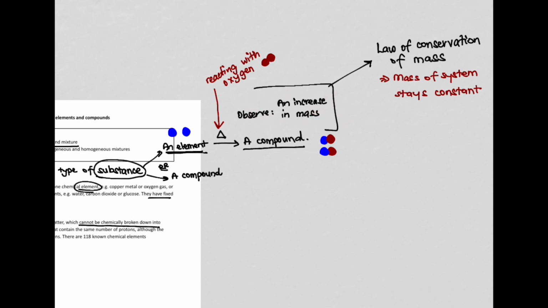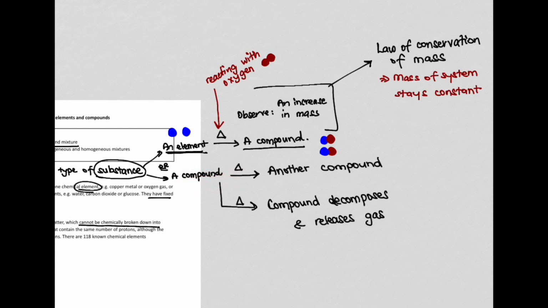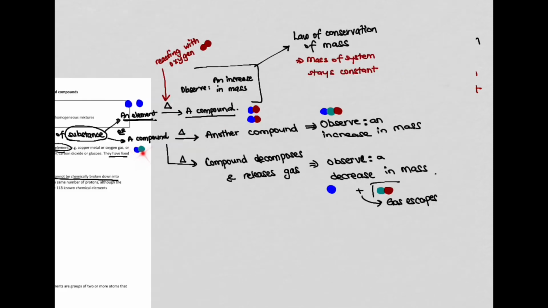But if you take the same process with a compound, there's two possibilities. You heat, you get another compound, or you heat and the compound decomposes and releases gas. Use little diagrams here. So I have a compound, so you can see there's two types of particles here, and throughout the compound you will see only these two types of particles. So it's still pure, so it's not combined with anything else.